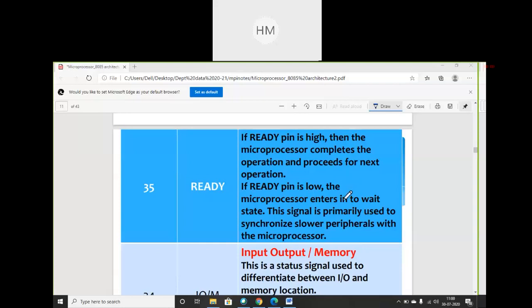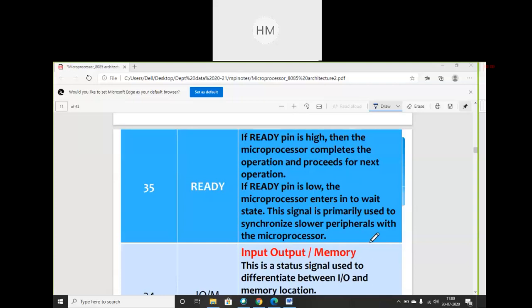If the ready pin is low, the microprocessor enters into wait state. This signal is primarily used to synchronize slower peripherals with the microprocessor. What it means is that if some external device is slow, then the microprocessor is ready, but the peripheral device is not ready, so it has to wait for some time.